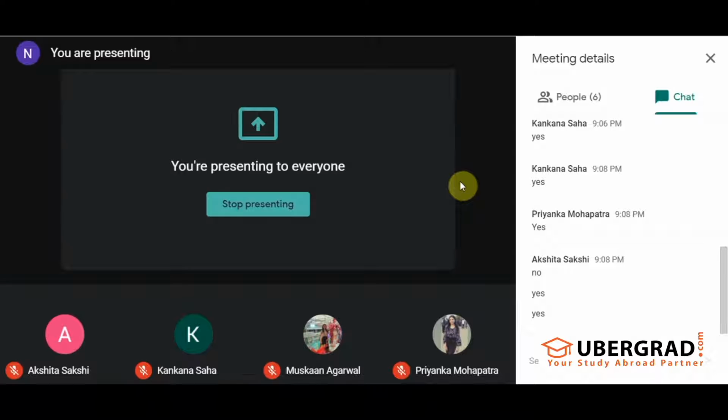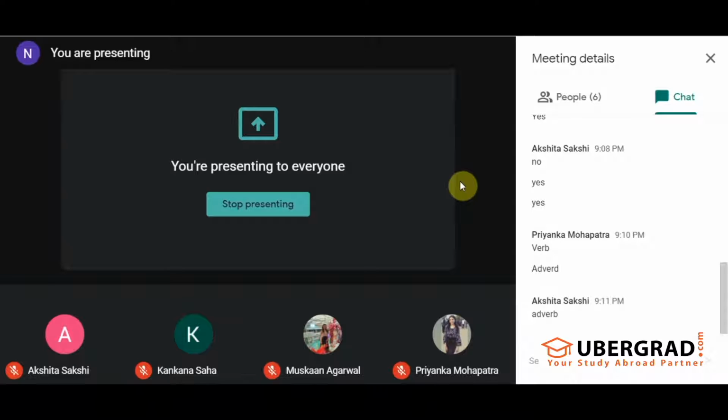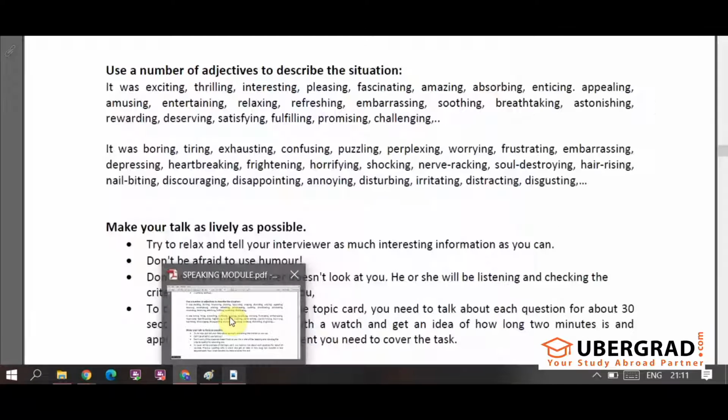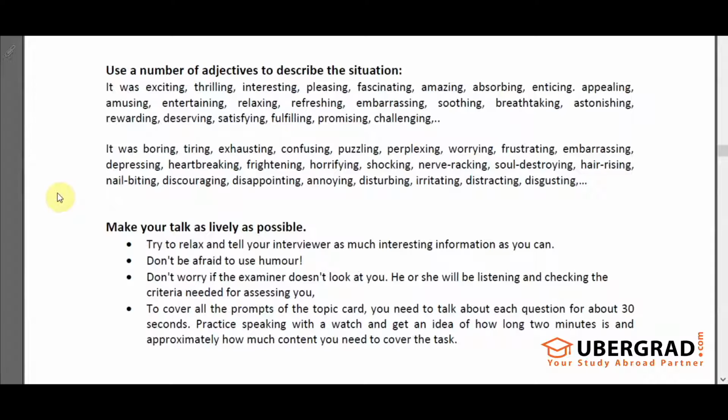Verbs are actions. What are the words that talk about the quality of an action, how that action is being done? Adverbs, right? So adverbs tell us how an action is being done. If you're talking about an action, use adverbs. If you're talking about a noun, use adjectives.